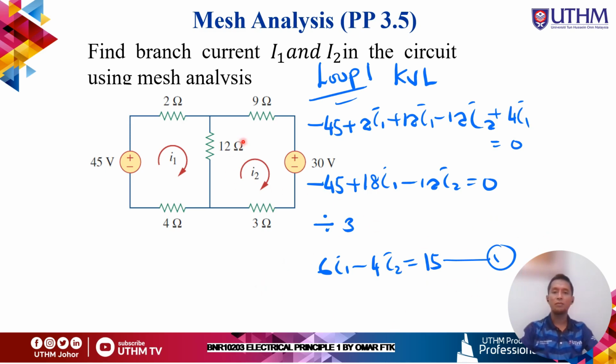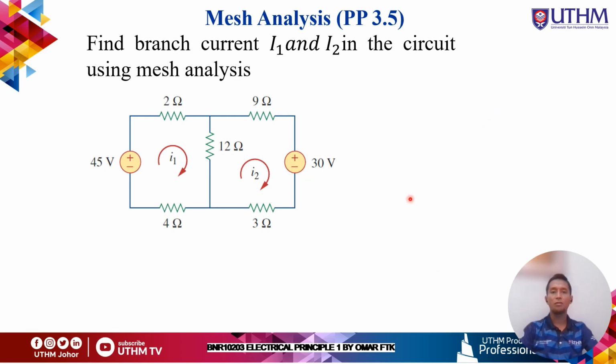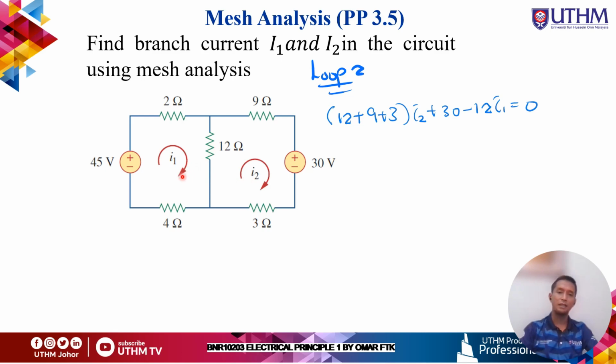And then we have to do the second loop. For the second loop, we will have 12 I2 minus 12 I1, and then plus 9 I2, and then plus 30, and then plus 3 I2.